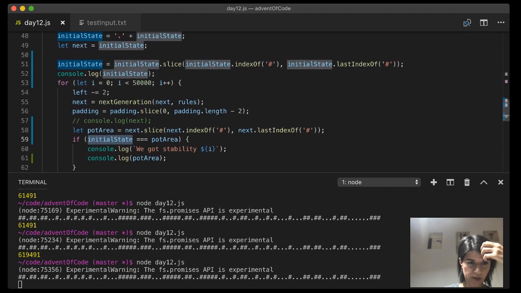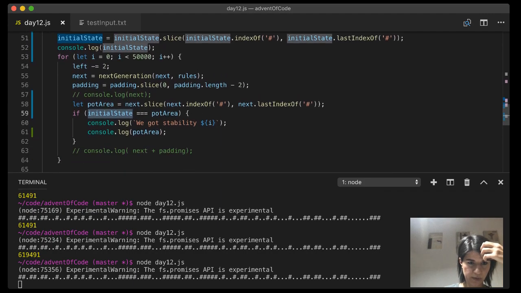So I'm not changing initial state in this loop. Padding, that I have a bunch of padding, that shouldn't matter. Oh, and this is not growing linear because my thing is growing all the time.